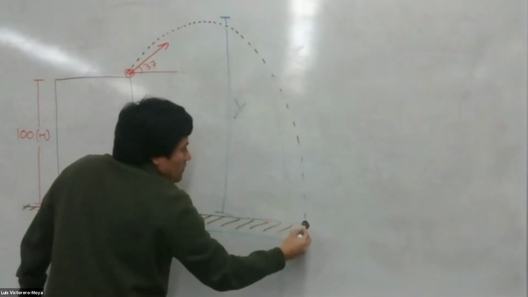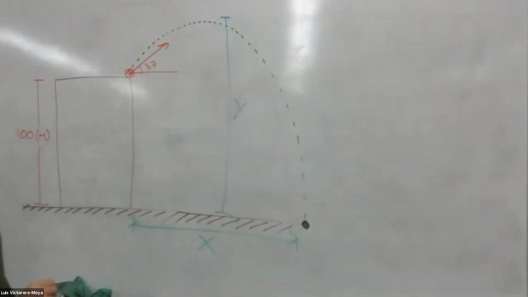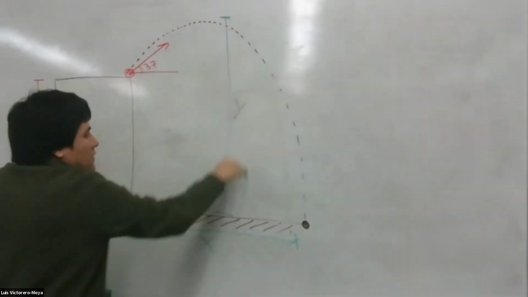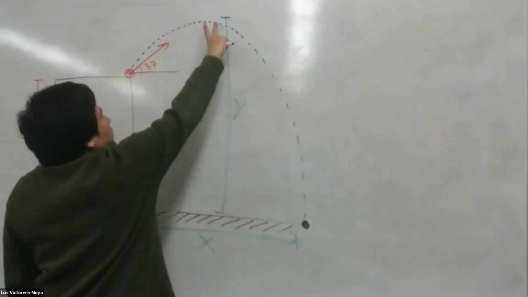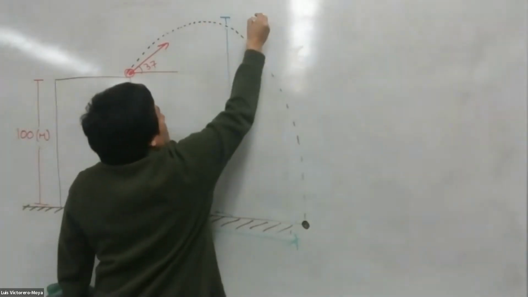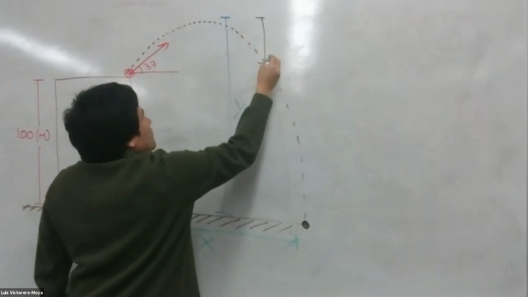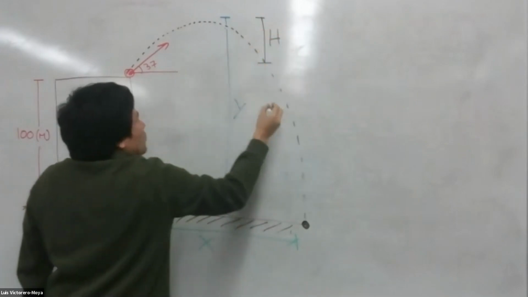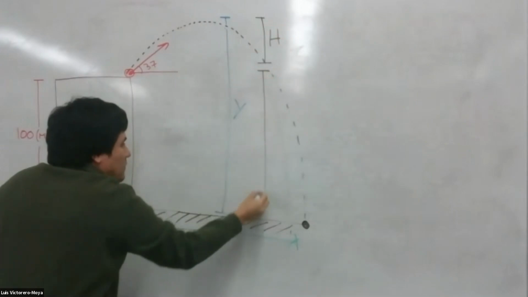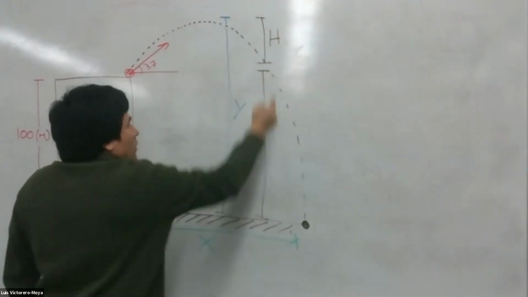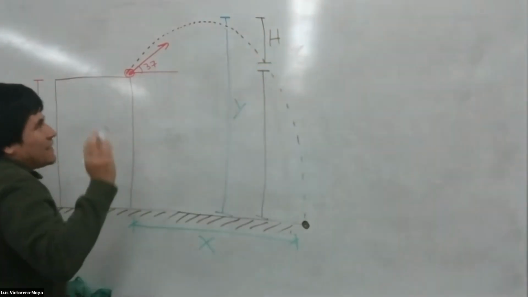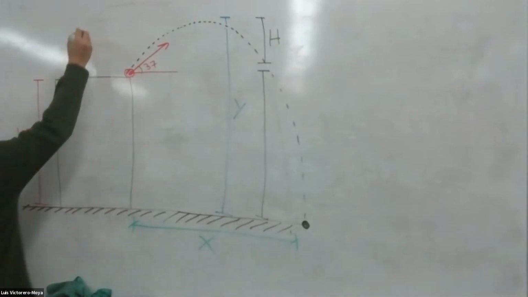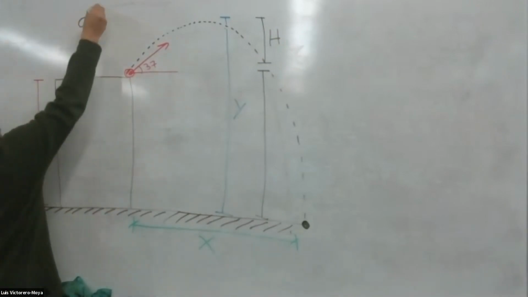So the time to go up is not the same as the time to go down, because the time to go down requires all this height. The time to go up is only this. So in fact, I'm going to call this H. And you know obviously that this is 100. So H plus 100 is Y. That's okay. The only thing that we always have is gravity going down.